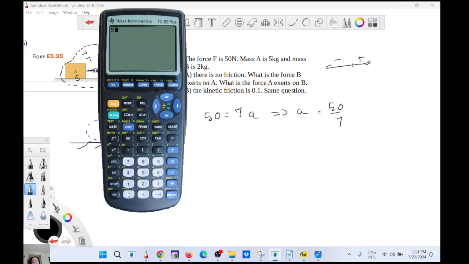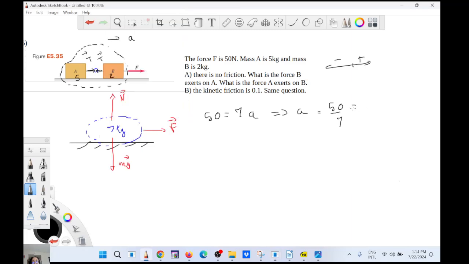So let's say 50 divided by 7, keeping 2 digits after the period: 7.14 meters per second squared. Once I have done that, I can focus, for example, only on system A.